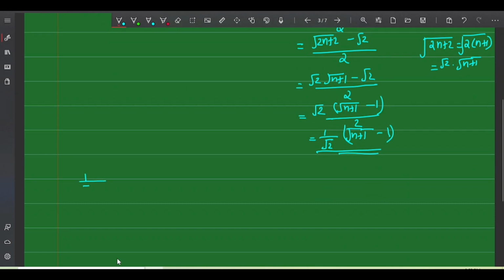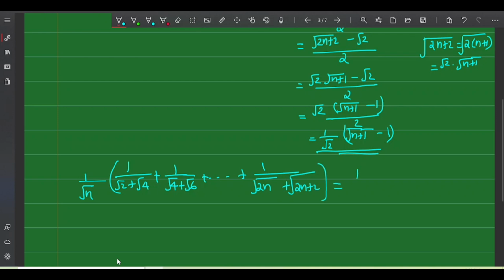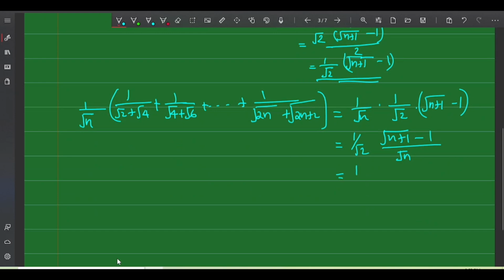So 1 by root n into this expression is equal to 1 by root n into 1 by root 2 into (root (n plus 1) minus 1), which is equal to 1 by root 2 into (root (n plus 1) minus 1) by root n, and we can write it as 1 by root 2 into (root of (1 plus 1 by n) minus 1 by root n).